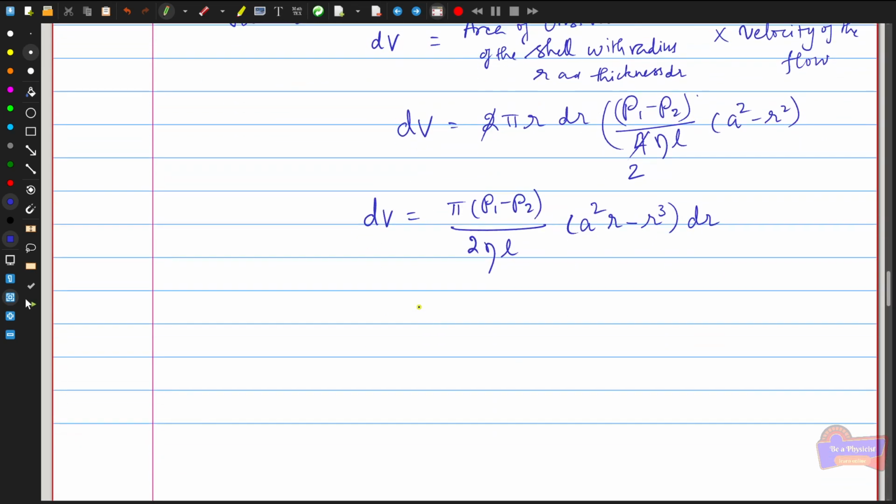So this is the change in volume, so that I can find out the total volume V, that means just integrating this equation.